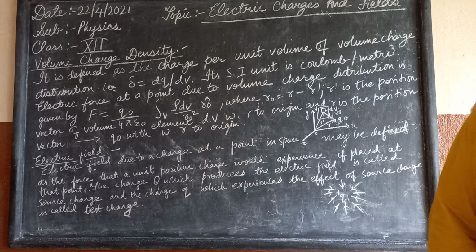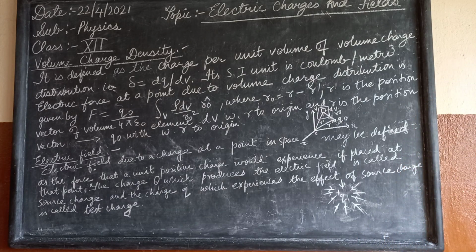Here the minus Q charge will be there. In this case we can see that for the positive charge, the electric field vector is directly radially outward, away from the positive charge.